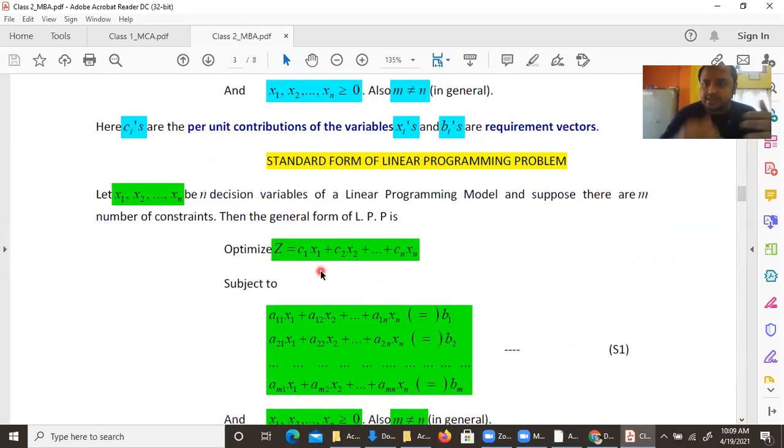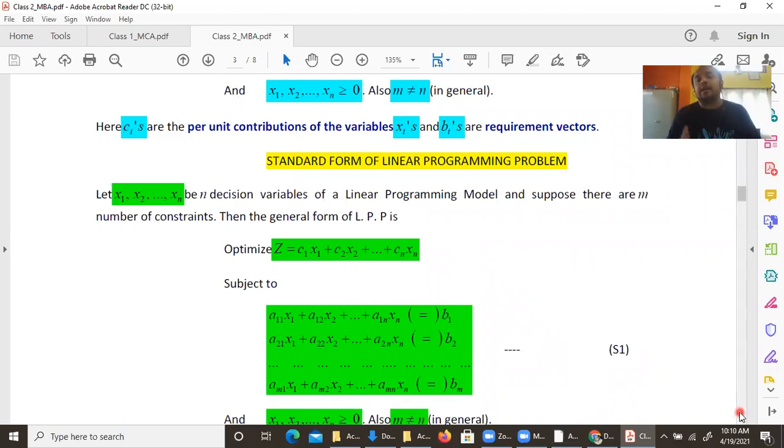Consider these two parts separately. Because here I have not shown how to get the standard form from the generalized form. When I'll be doing the simplex method, that particular part will be discussed.